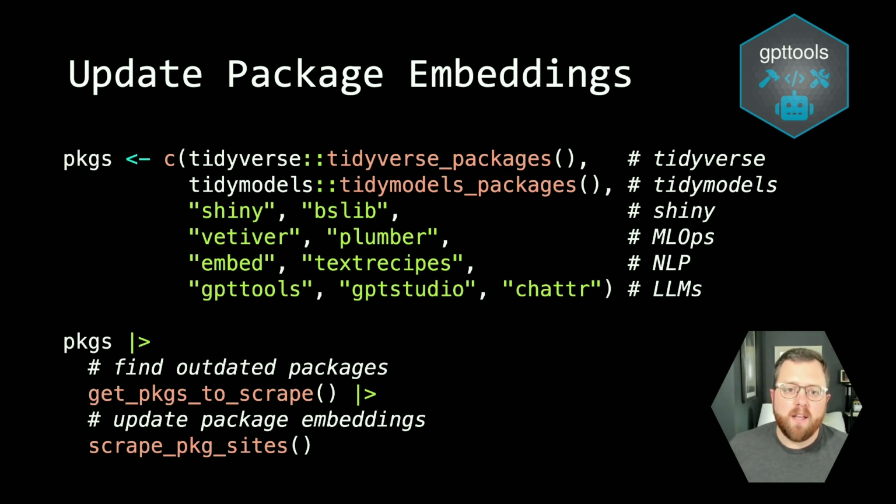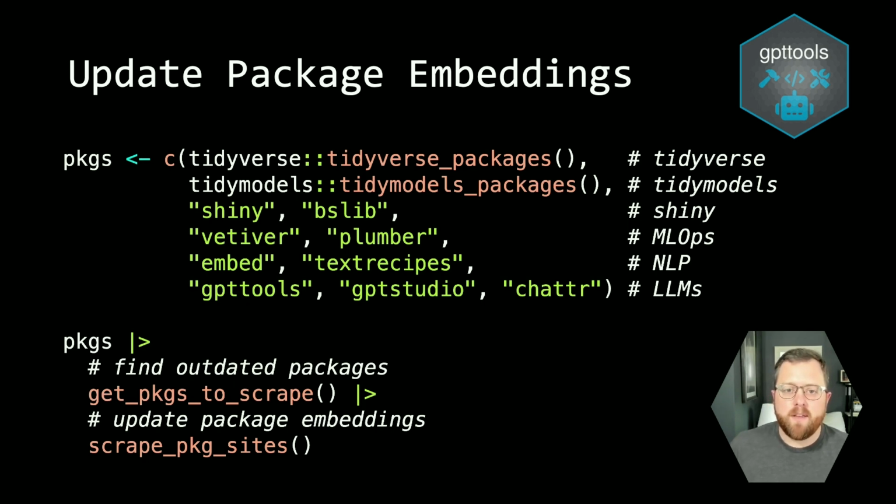If it's out of date, you can then pass it to scrape package sites that will take that list of outdated packages, scrape the documentation, and recreate your text embeddings with the up-to-date documents. It does its best to not recreate text embeddings for text it's already seen before, to be wise with its token spending budget, but it isn't perfect.